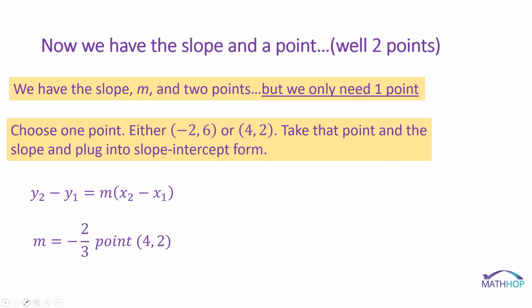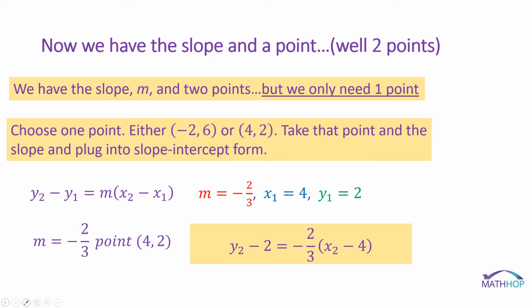So let's do this. M is negative 2/3, x1 is 4, y1 is 2. We get y2 minus 2 equals negative 2/3, x2 minus 4. And really how we would write this is y minus 2 equals negative 2/3 times the quantity x minus 4. We won't even have this subscript 2 anymore once we move on to new screens.